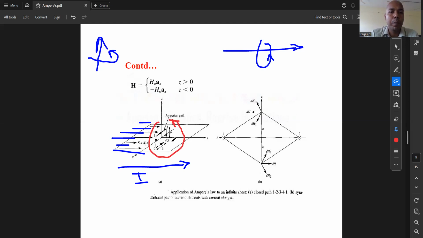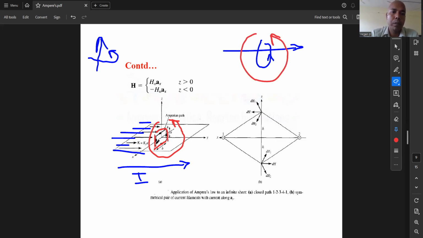I'm taking here four paths. So 1 to 2, 2 to 3, 3 to 4, and 4 to 1. That is, we have four magnetic paths, which form one closed loop.